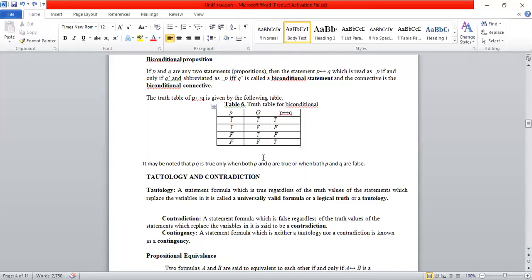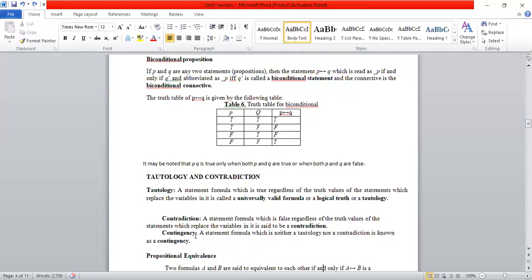You can also remember, when the last column of the truth table has truth values all T, then that statement is said to be a tautology. Next, contradiction. A statement formula which is false regardless of the truth values of the statements which replace the variables in it, is said to be a contradiction.